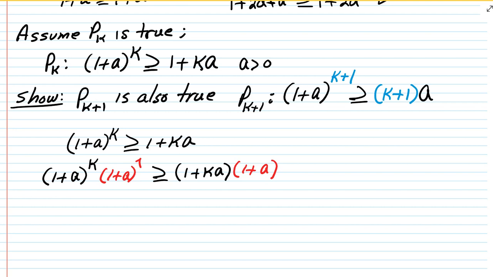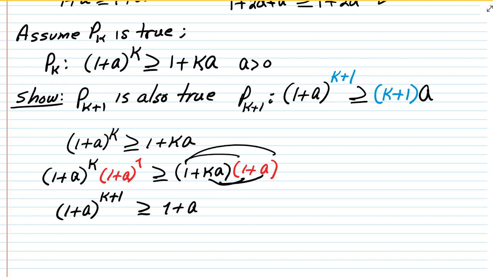What do I have on the left side? On the left side, I have 1 plus a to the k plus 1. That's going to be greater than or equal to. On the right side, let's FOIL it. When we FOIL, we're going to get 1 plus a, right, plus ka plus ka squared.